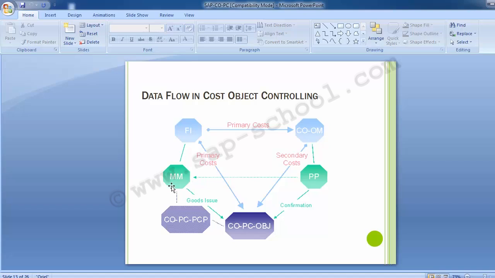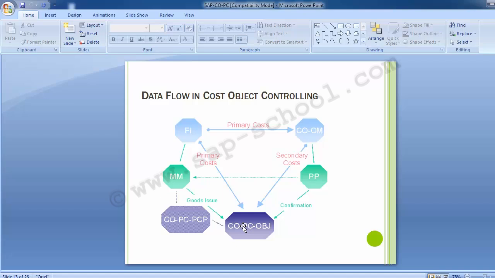In the MM part we need to create the material master, and then it moves from MM to FI, and then from FI to OM, overhead management, and from overhead management to PP. In PP, with the help of routing and BOM, the values flow to the MM part, and then from MM to PCP, that is product cost planning, and then the value ultimately flows to the cost object controlling.